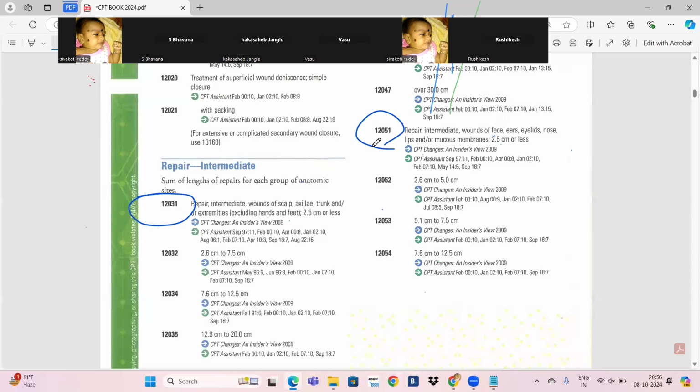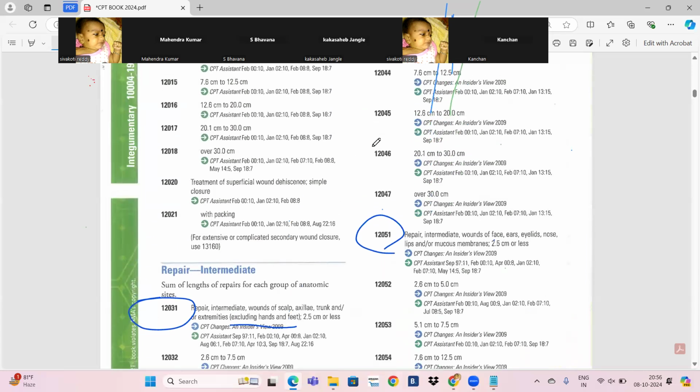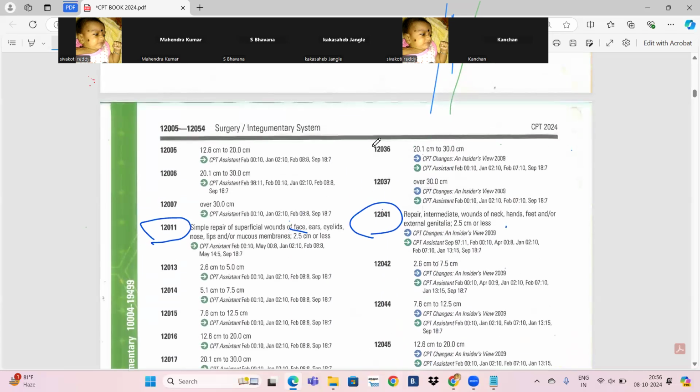Then 12031, 12002. Two scalp closed with single layer, no? And only subcutaneous, intermediate. See, hand: hands were excluded, right?